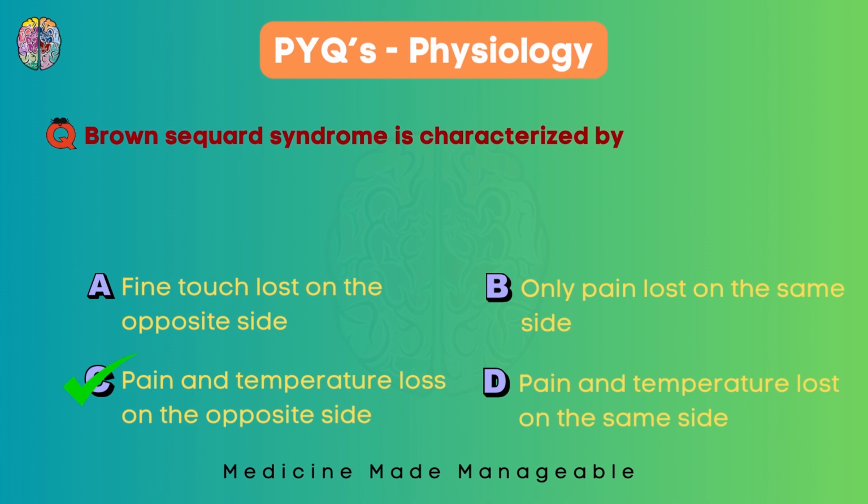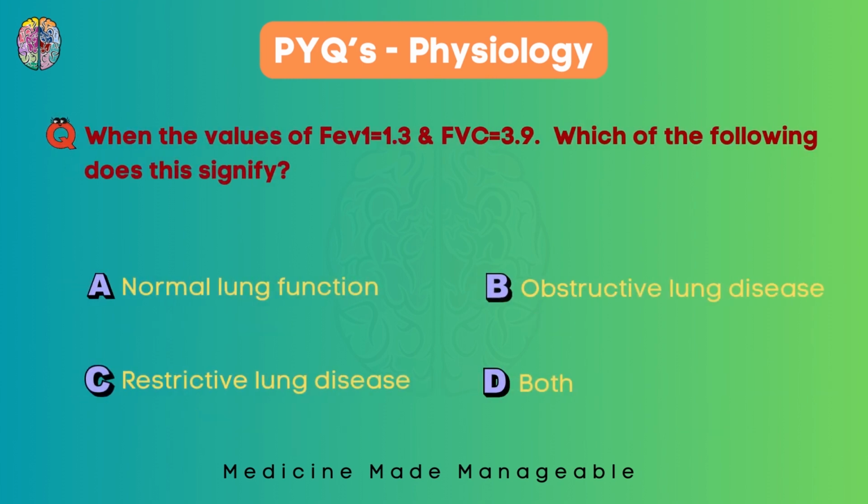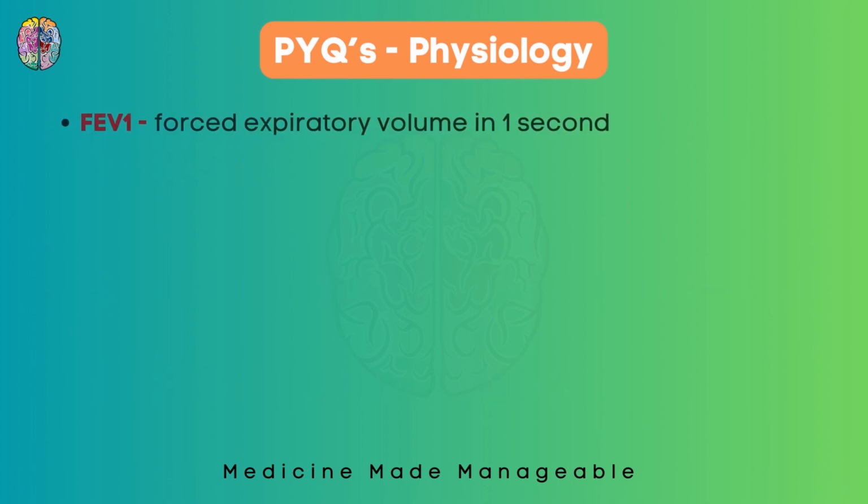Now, when the values of FEV1 is 1.3 and FVC is 3.9, which of the following does this signify? Is it normal lung function, obstructive lung disease, restrictive lung disease, or both? So what is FEV1? FEV1 is the forced expiratory volume in 1 second.